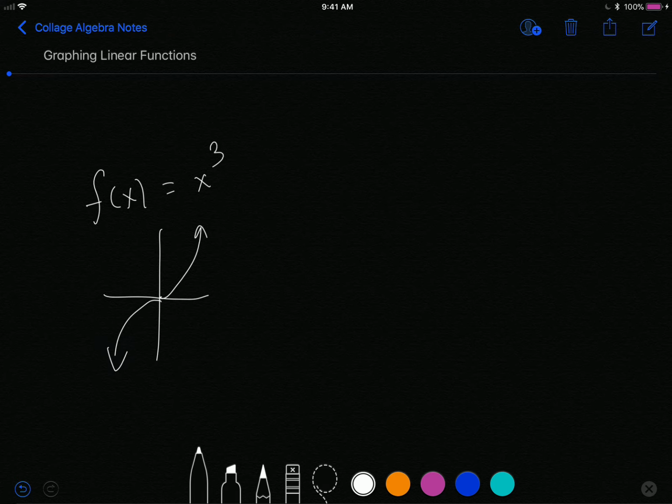But if I take this function and have a second function, f of x equals x cubed plus 4, I know this is a vertical shift up 4. If I'm just trying to make a sketch of the graph and not a very accurate picture, then my graph will look exactly like the same one, except 1, 2, 3, 4, it'll be 4 units higher.